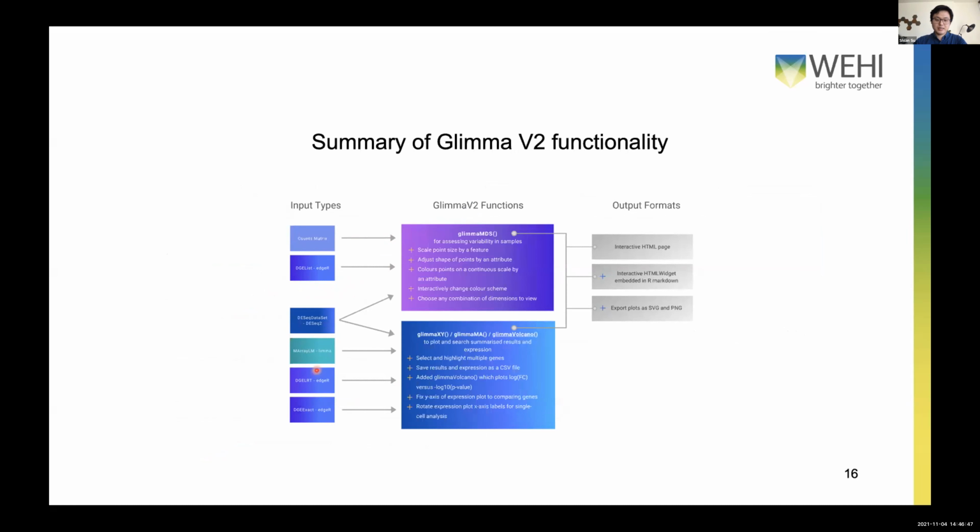So we've got MArrayLM, DGEGLM, DGELRT, and DGEExact. These are the analysis output objects, and we have full support for all of those. You can plug them into the Glimma MDS plot or the Glimma XY, MA, or volcano plot functions. And all of those will have all of the functions I just showed you and give you the ability to embed them into our Markdown page, as well as export the individual plots as SVGs and PNGs.